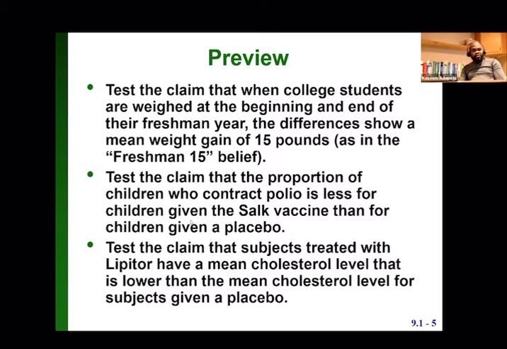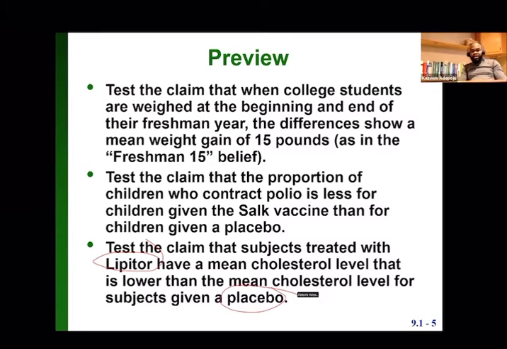Now, another one here: test the claim that subjects treated with Lipitor have a mean cholesterol level that is lower than the mean cholesterol level for subjects given a placebo. Maybe you are looking for a way to reduce the cholesterol level of people, and you decided to give them Lipitor, maybe as an experimental treatment, and you want to compare that with the effect of placebo.